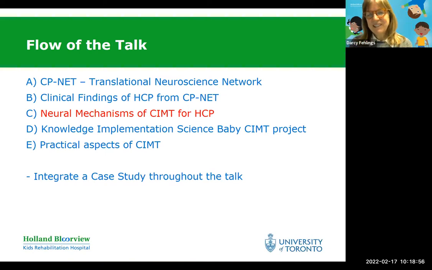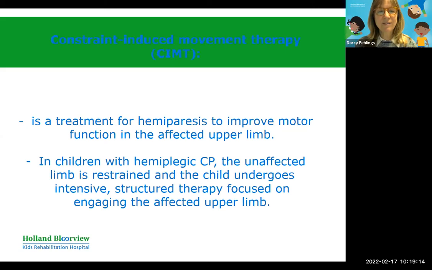So one of the common treatments that we use is modified constraint therapy for children with hemiplegic cerebral palsy. And I'm now going to move into our deep dive into exploring what are some of the underlying neural mechanisms of action of constraint. So what is constraint?